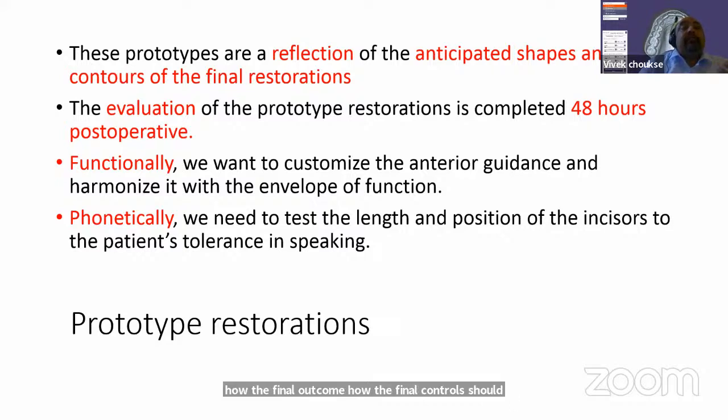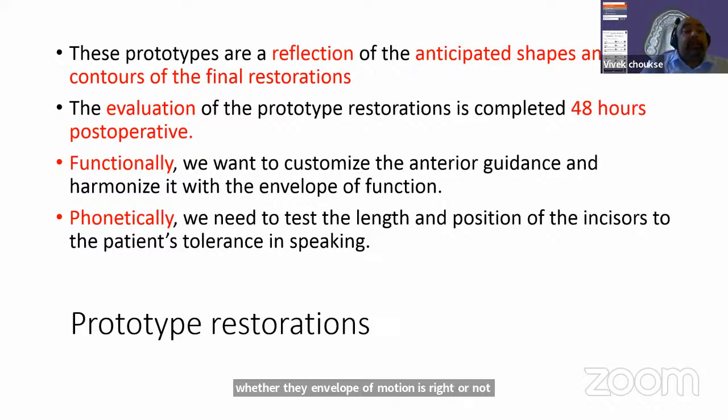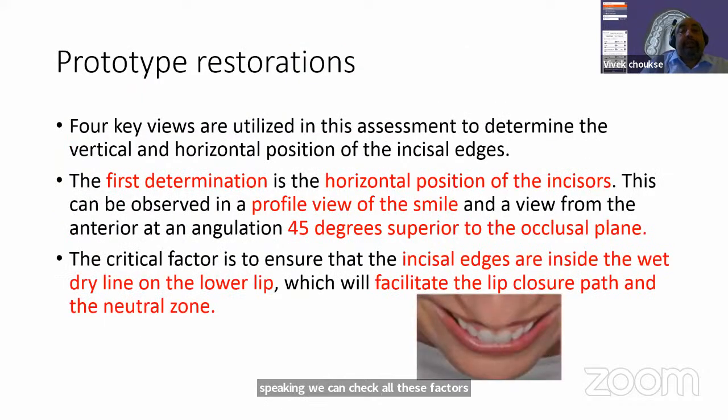If we leave these prototype restorations in the patient's mouth for 48 hours, we can test whether the envelope of motion is right or not, whether the patient is able to speak properly, and what the visibility of the tooth is while speaking. We can check all these factors through our prototype restorations.